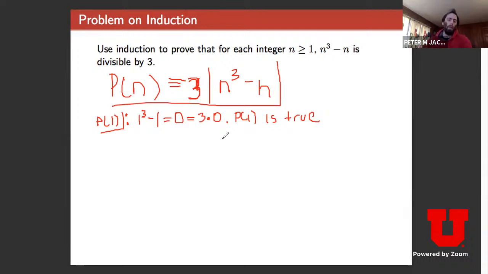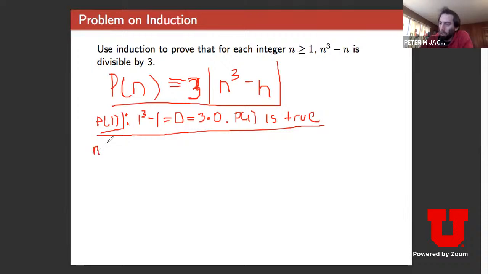All right, and then in the inductive argument, we're now going to assume for some arbitrary integer n that P of n is true, and we're going to prove that P of n plus 1 is true. Let me write out what we're going to try to do here. We want to prove the following statement.